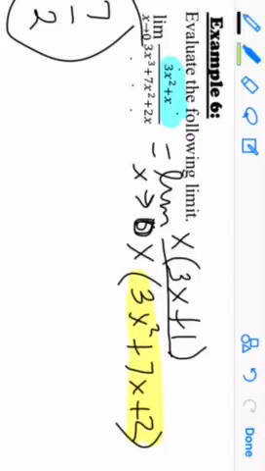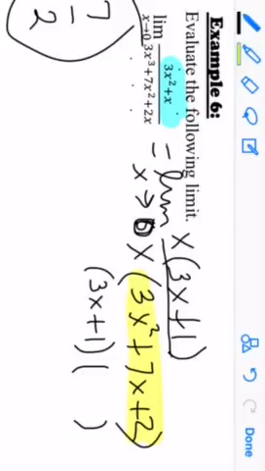All right, so 3x squared plus 7x plus 2, when you factor that, and you can ask for an explanation if you need it, but it should be 3x plus 1, hold on. Hold on. Let me do that again.